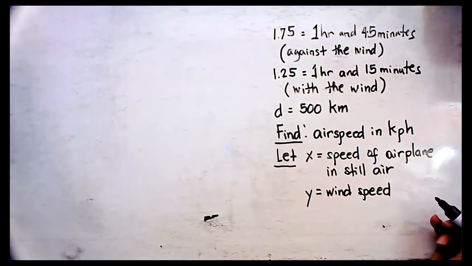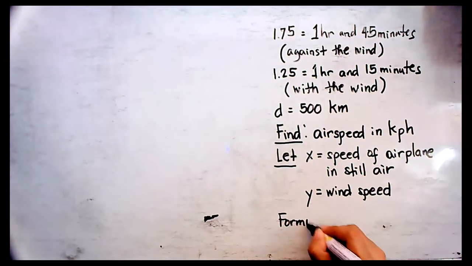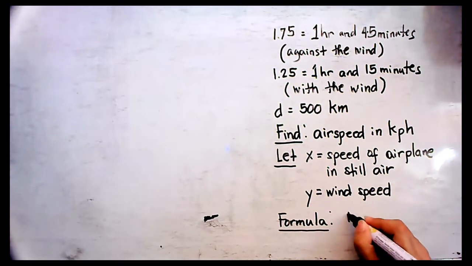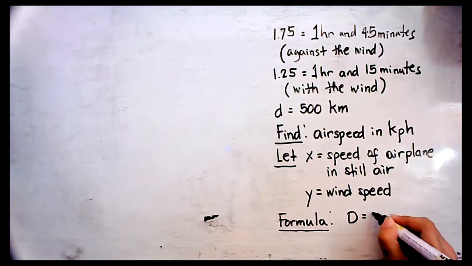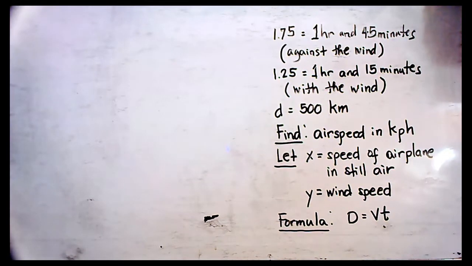And aside from that, we can use the formula for distance. According to the formula, distance is simply equal to velocity times time, wherein d is the distance, v is the velocity, t is the time.